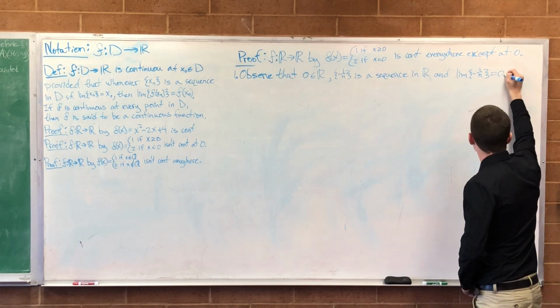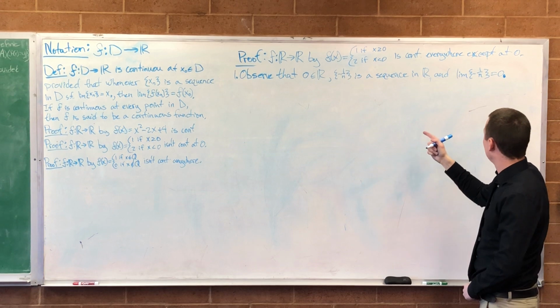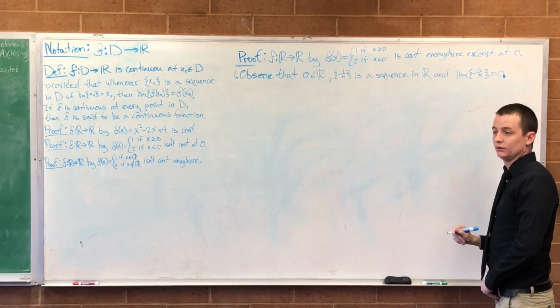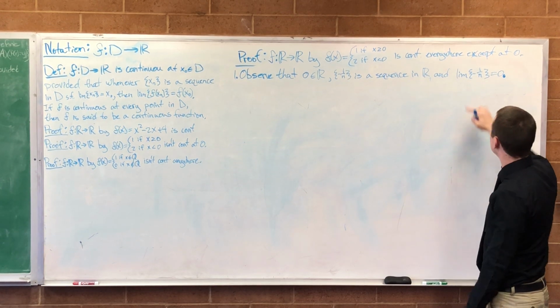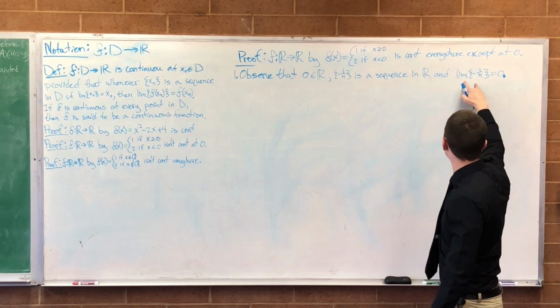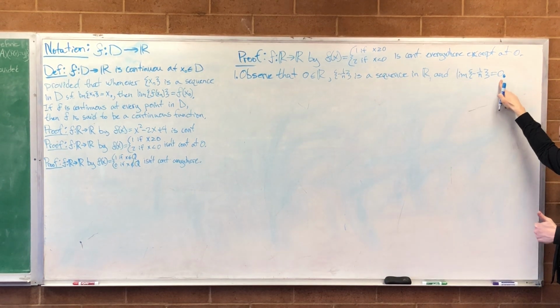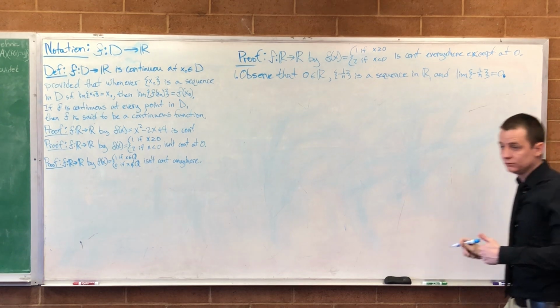Okay, so we found a point in our domain and a sequence in our domain that converges to that point. Now I just need to show that the image of this does not converge to the image of this, and we're done. It's not continuous at that point. Right?